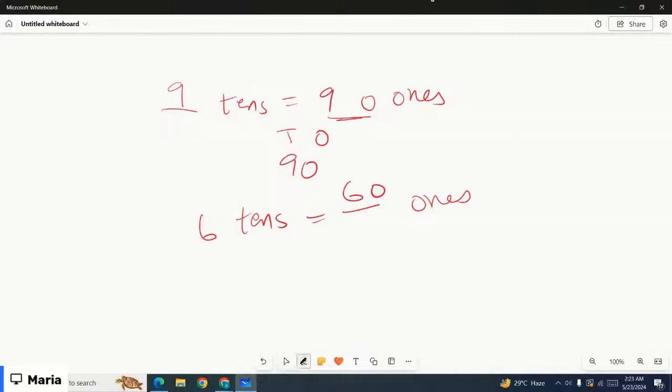The next one is 7 tens. How many ones do we have?